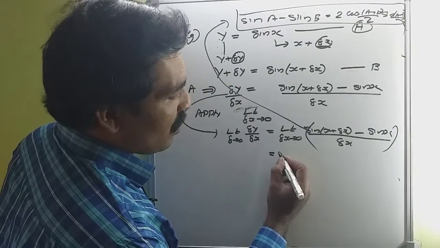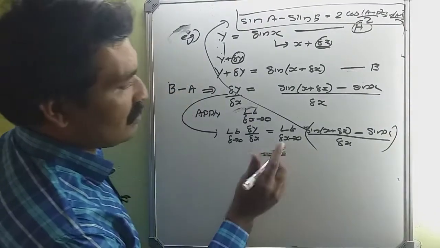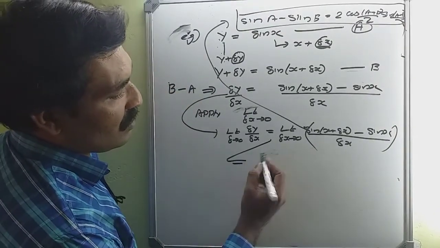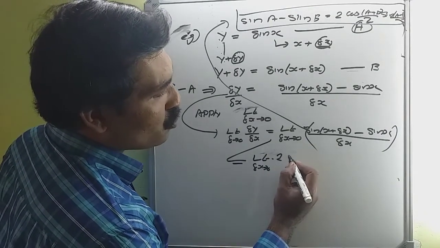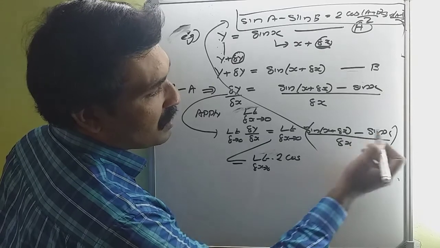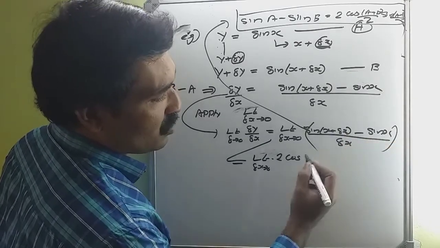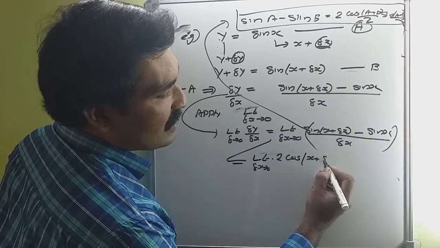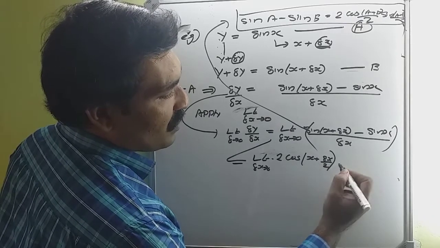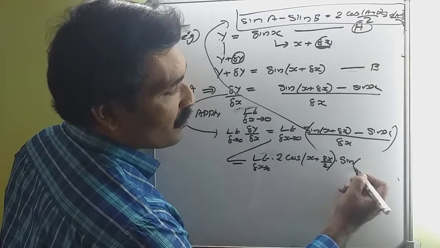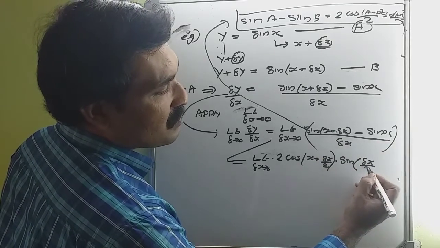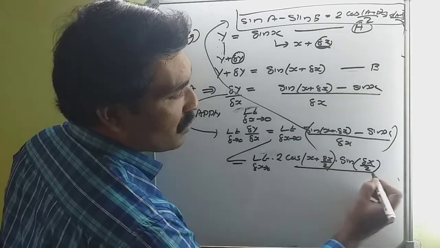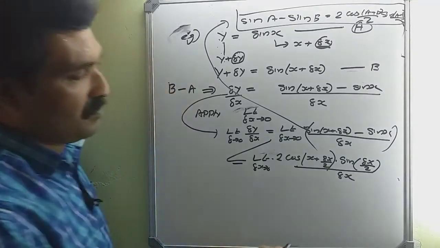That is equal to limit del x tends to 0 of 2 cos of x plus del x plus x by 2, that means x plus del x by 2, into sin of x plus del x minus x, that is del x by 2, whole divided by del x.